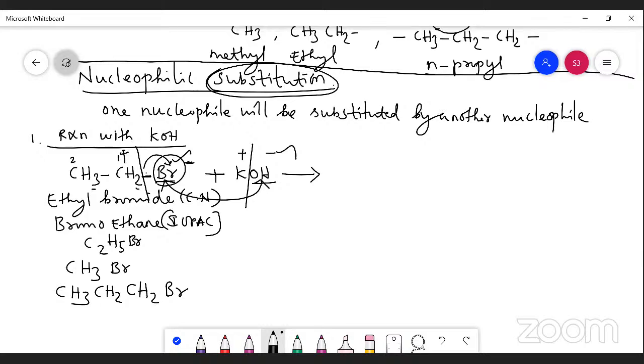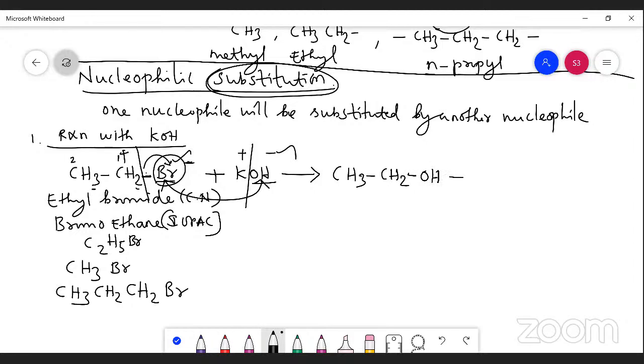But anyway, we are in a condition to substitute because we are going to read all the reactions in terms of substitution. So we can say like this, CH3CH2 stays as it is, and the Br will be replaced by OH.